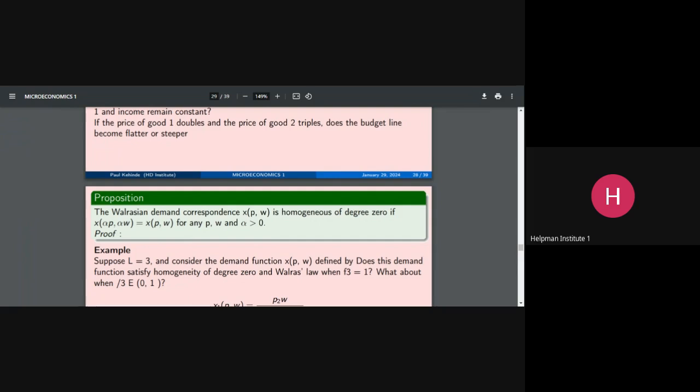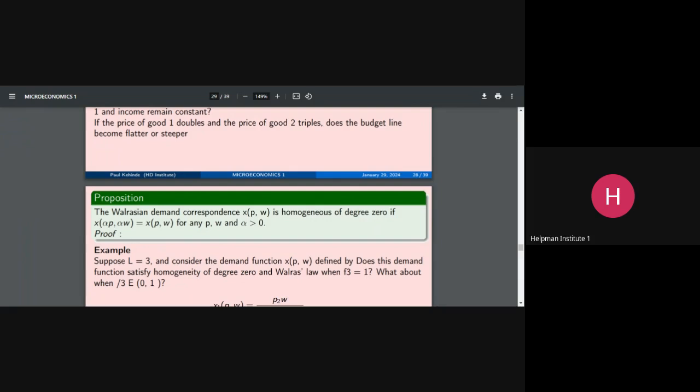So when you multiply your prices by a value alpha that is greater than zero, and you also multiply your wealth by the same thing, definitely it's still the same as long as the degree is zero. What do we mean by homogeneous of degree zero? It means this alpha should have a power of zero, all right?